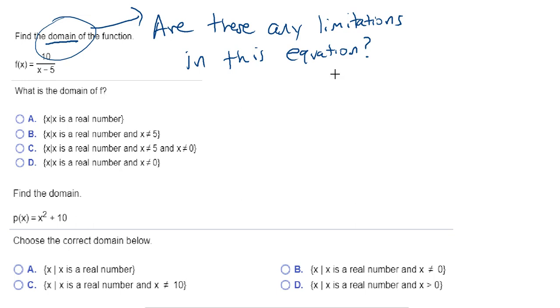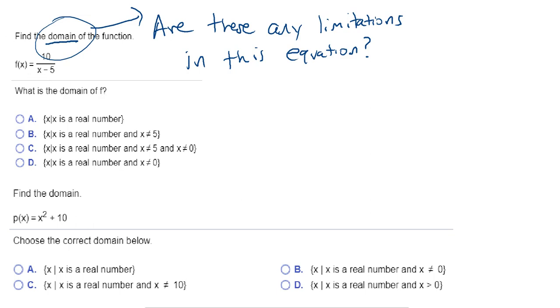And then ask yourself, are there any limitations in this equation? If you find a limitation, determine if that means there's a certain value of x that you cannot use because of that limitation. And if so, remove it from the domain. Whatever you're left with will be your domain.